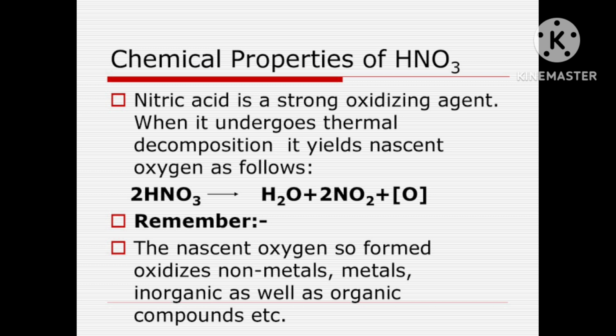Now again the balancing is very easy. 4P is there, and P is only in phosphoric acid. In the product, only in H3PO4 is P there, no other product containing P. Then obviously you have to write 4H3PO4.